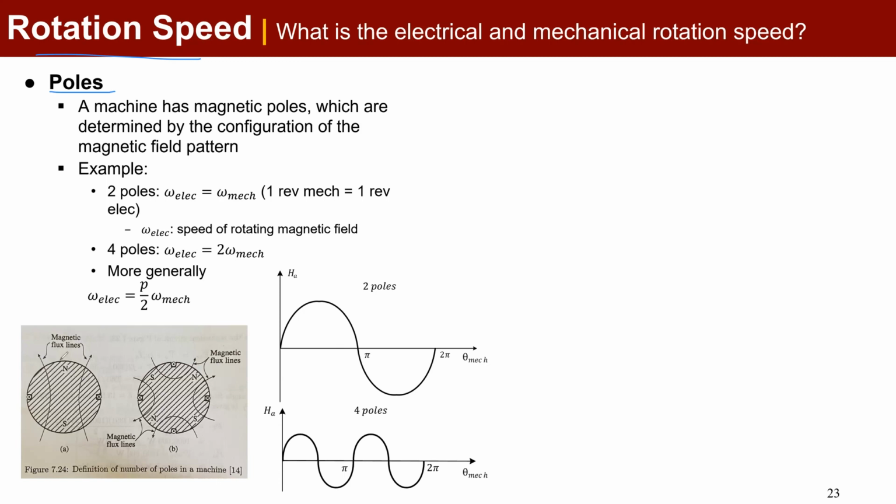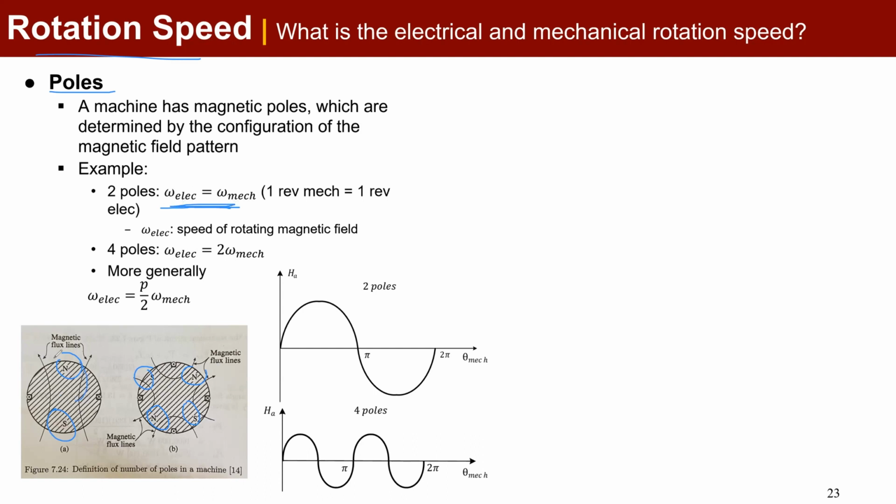So let's take for example, this synchronous machine has 2 poles, North Pole and South Pole. This synchronous machine has 4 poles, 2 south poles and 2 north poles. So what we're going to see is that with 2 poles, it takes one mechanical revolution to get through one electrical revolution.